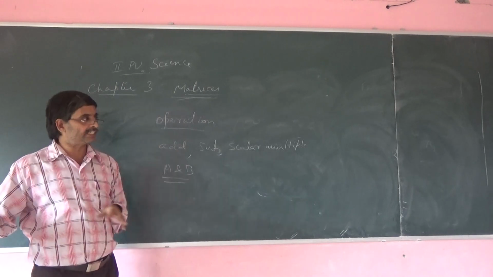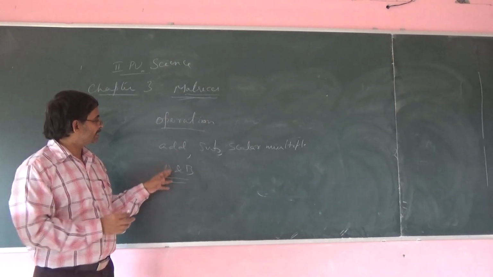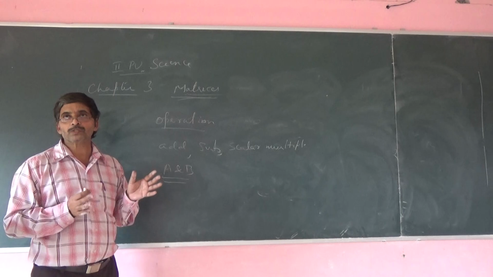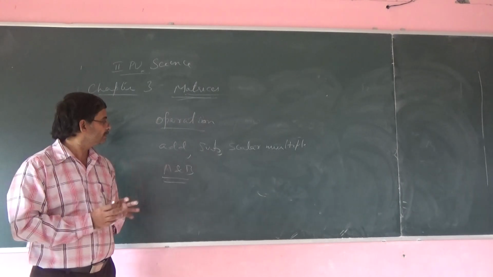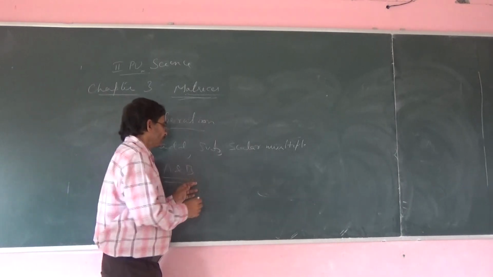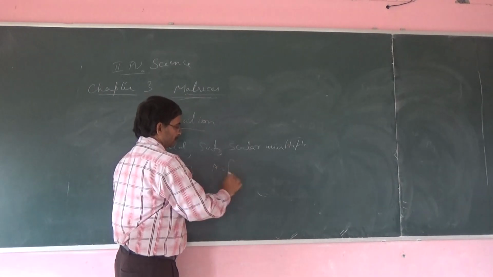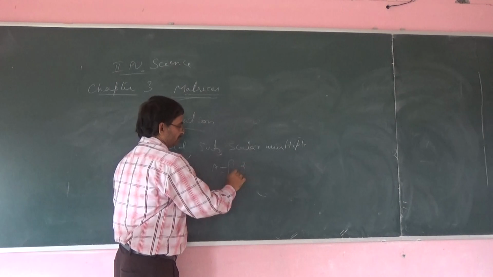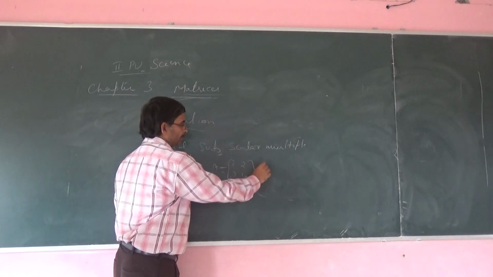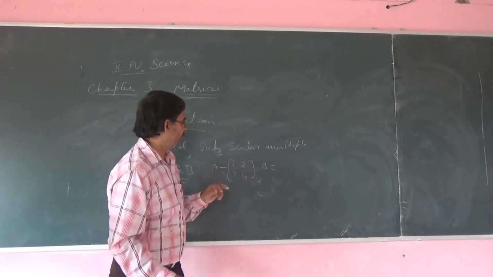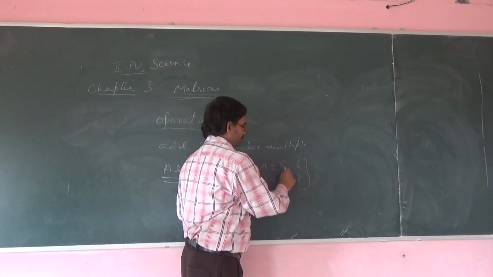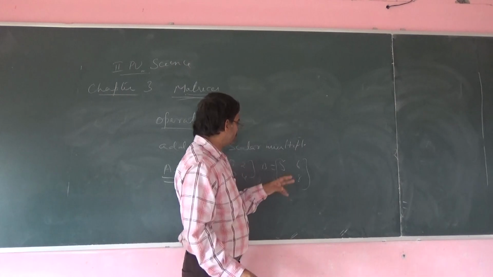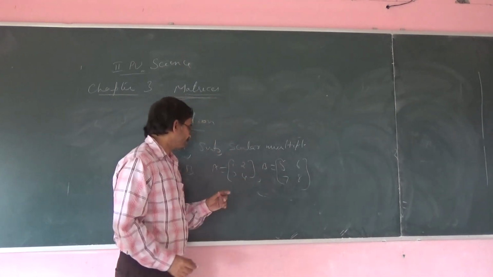Then how is the addition done? Corresponding elements are added. One example I will give you. A equal to 1 2 3 4. So what is A plus B?